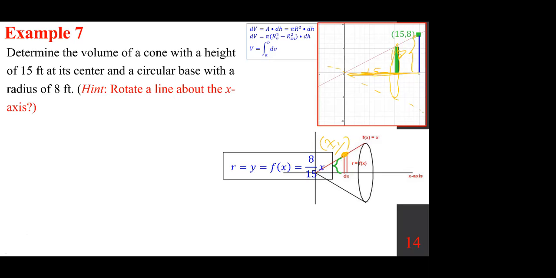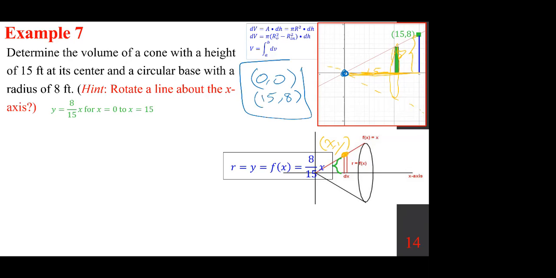So y is 8 over 15x. I'm assuming you can figure this out on your own. We have the following pairs. 0, 0 is one pair. 15, 8 is another pair.